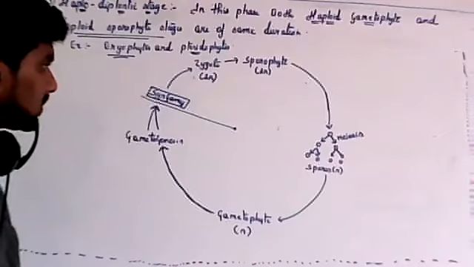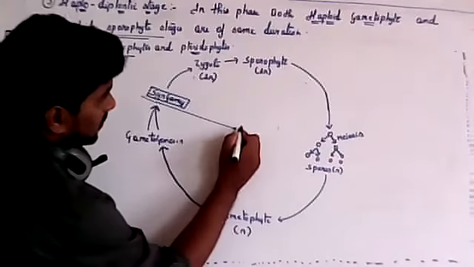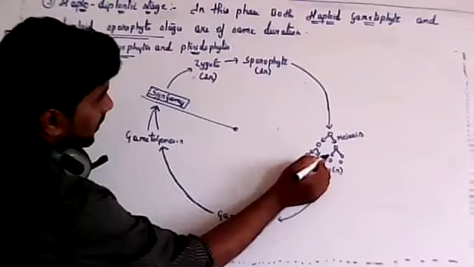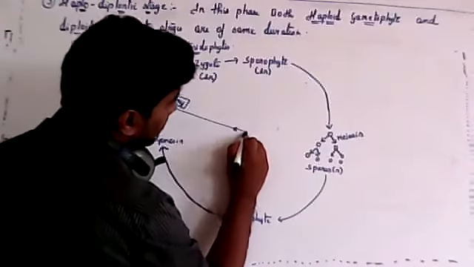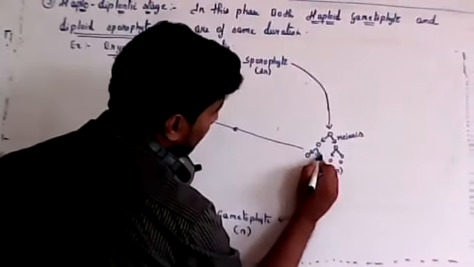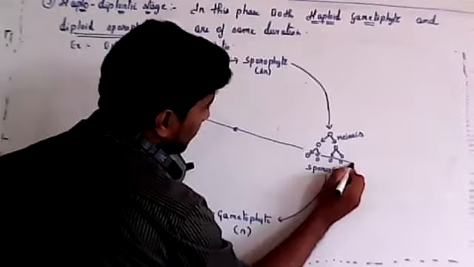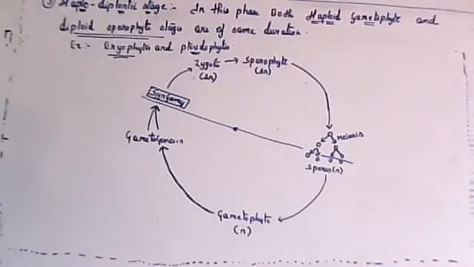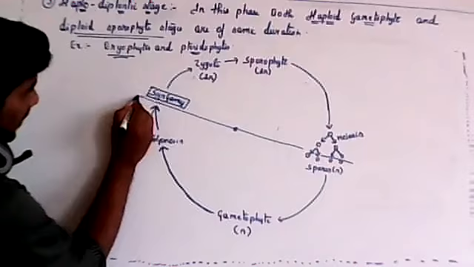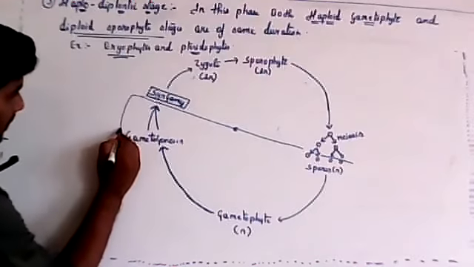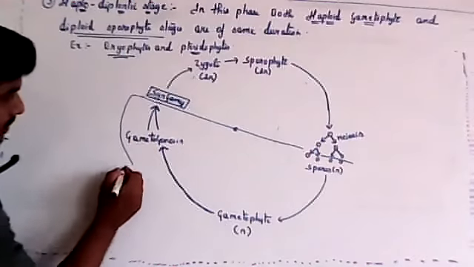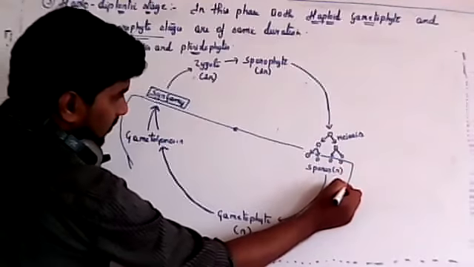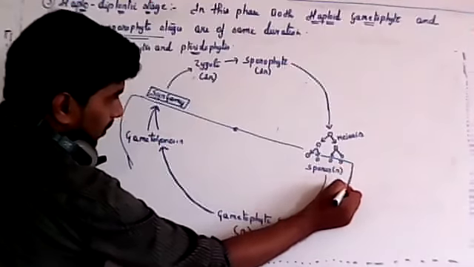So gametophyte and sporophyte. If we divide this, you will find that till these 4 cells are formed, that will be the haploid stage. You can divide it like this. From production of spores, the spores will develop into a protonema.